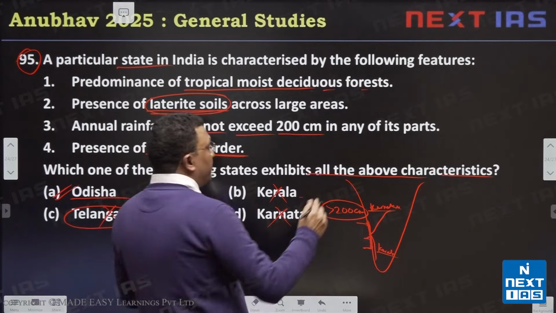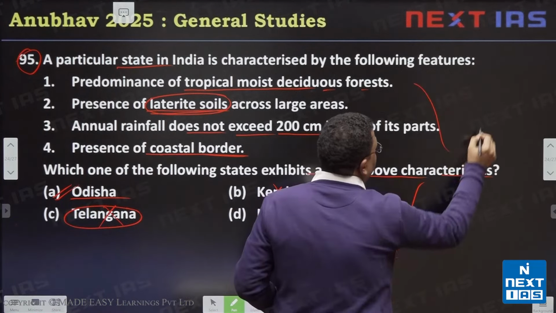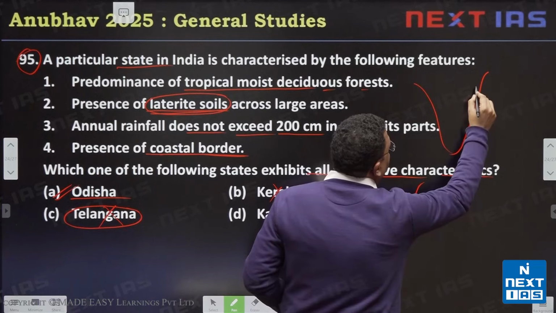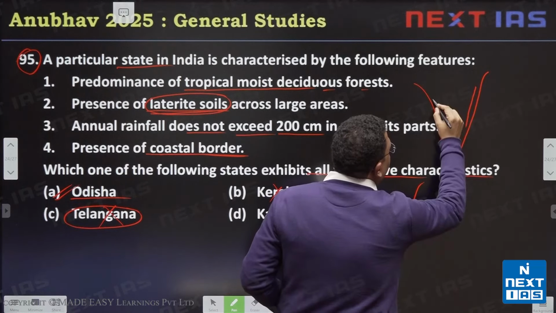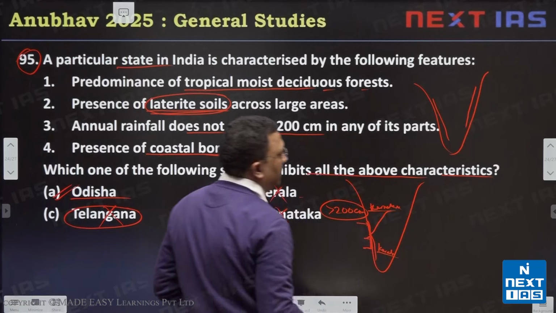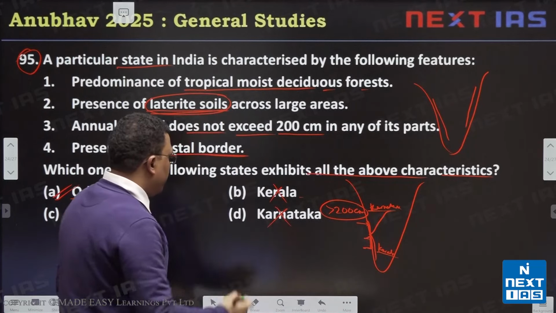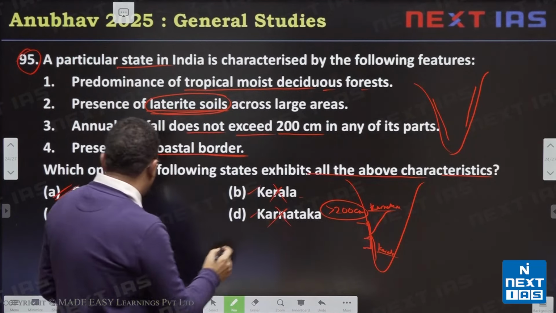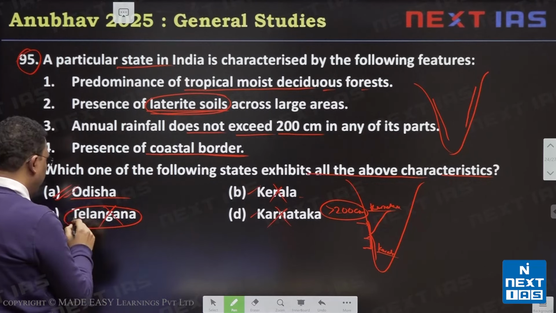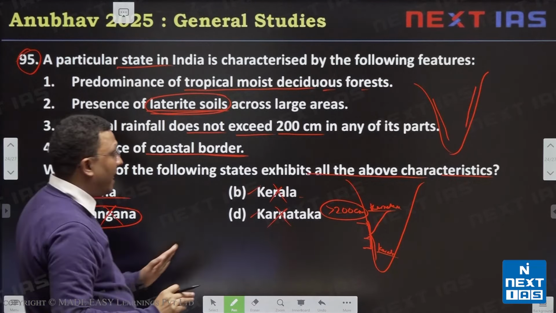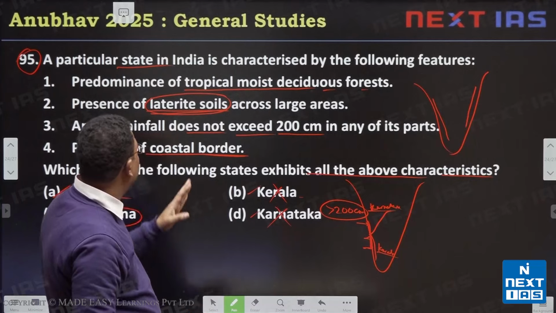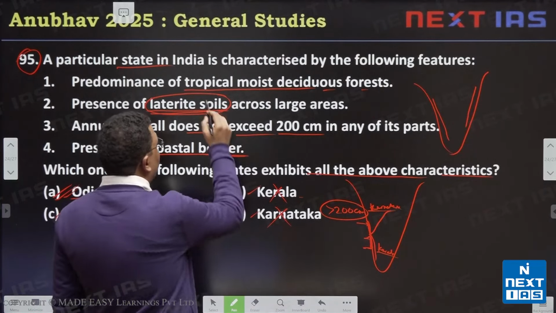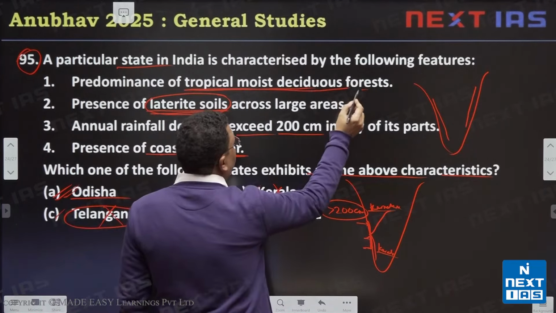In such areas, these laterite soils are found in India along the Eastern Ghats and along the Western Ghats, right? So basically Karnataka, Kerala, Odisha and Telangana, all of them are likely to have laterite soils, right?